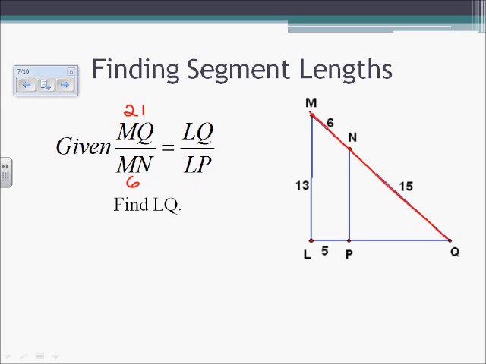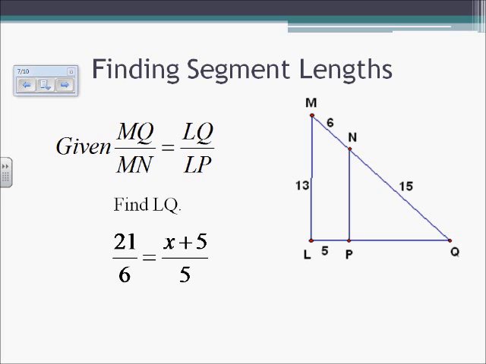On the right I have LQ, which is a combination of LP and PQ. I don't know what PQ is, so I'm going to put that as x. So I have LQ as 5 plus x, as it's the entire length, and LP is just 5. So putting those together, my proportion is 21 over 6 is equal to x plus 5 over 5.